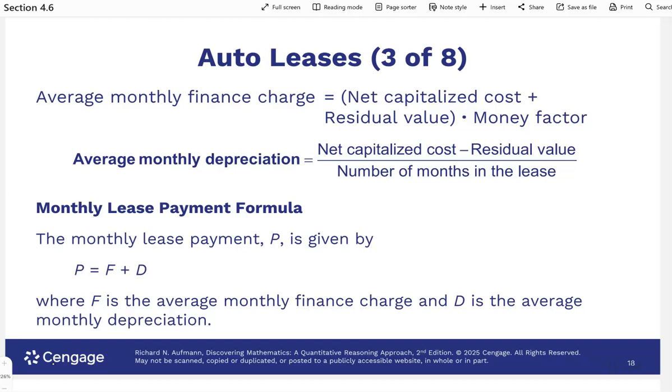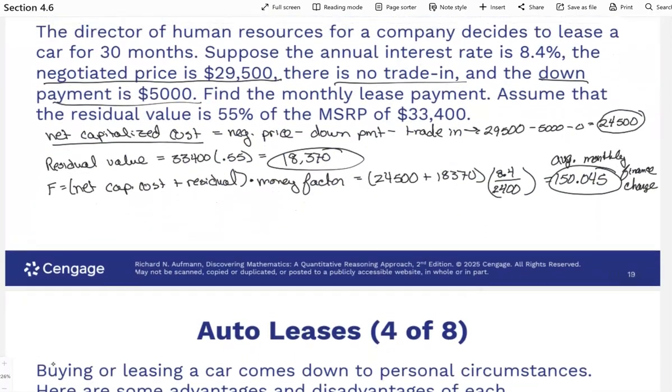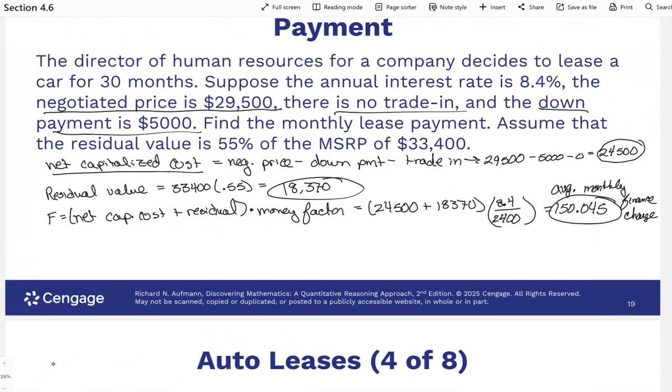So now we've got to figure out that depreciation amount, average monthly depreciation, and then we'll just add those together to figure out that monthly payment. And that depreciation is the net capitalized cost minus the residual divided by the number of months in the lease.